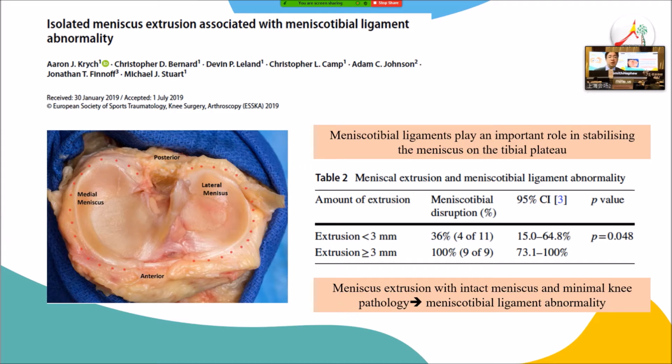The isolated meniscus extrusion is associated with meniscotibial ligament abnormalities, as I told you. If the extrusion is more than 3 millimeters, the meniscotibial disruption is 100%. So the degree of extrusion is quite important.